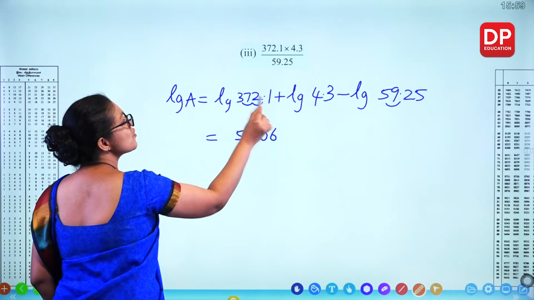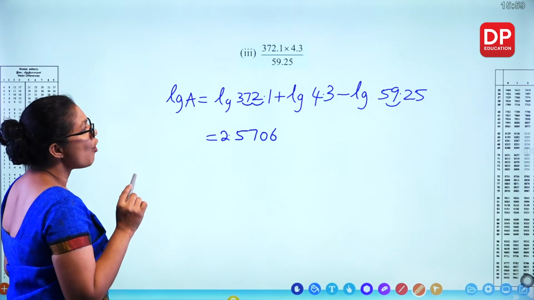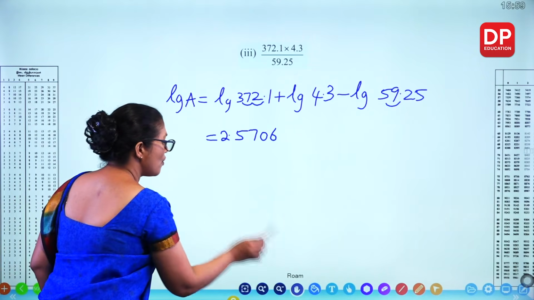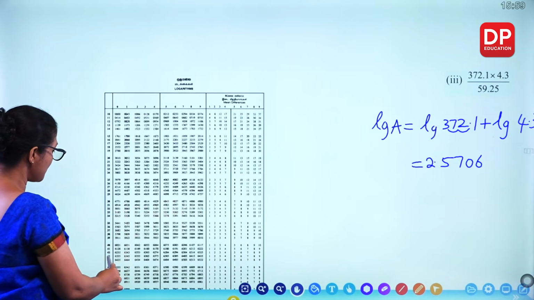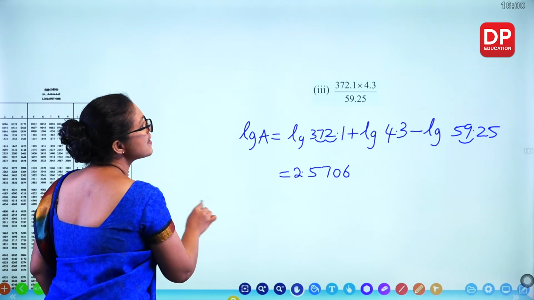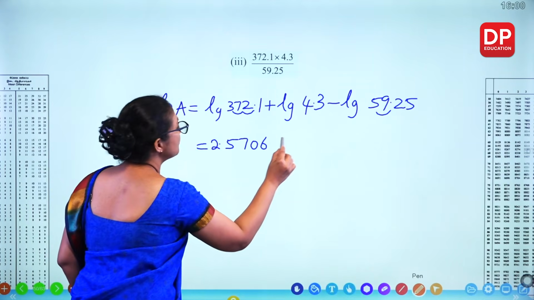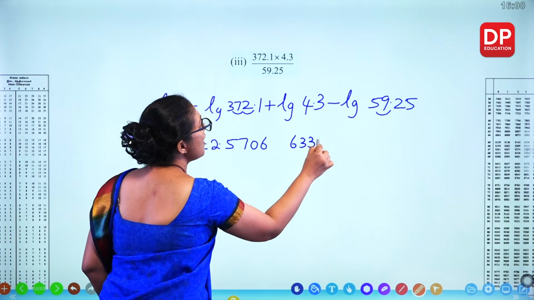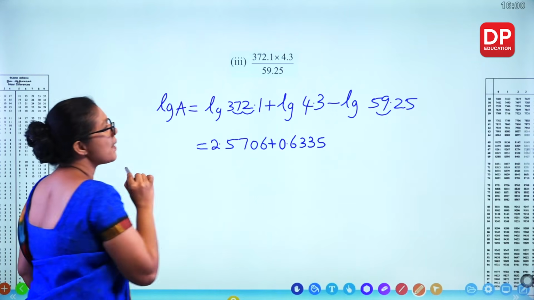Here 2 places to the right, so the characteristic is 2. Then 430 gives 6335. The characteristic is 0. So this is plus.